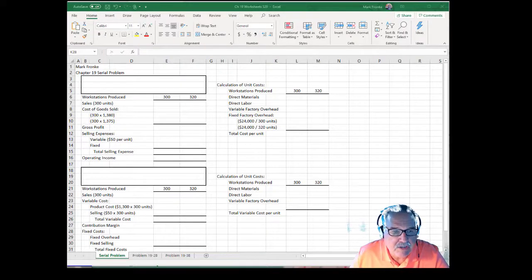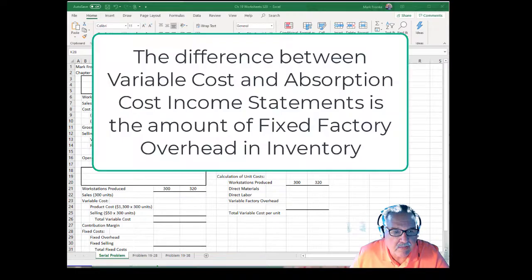So the difference between a variable cost income statement and an absorption cost income statement is the amount of fixed costs in inventory. In most cases in this chapter, they don't have a beginning inventory, so it's just the ending inventory where there's an issue. But if we do have beginning inventory, that would have to be taken into account.